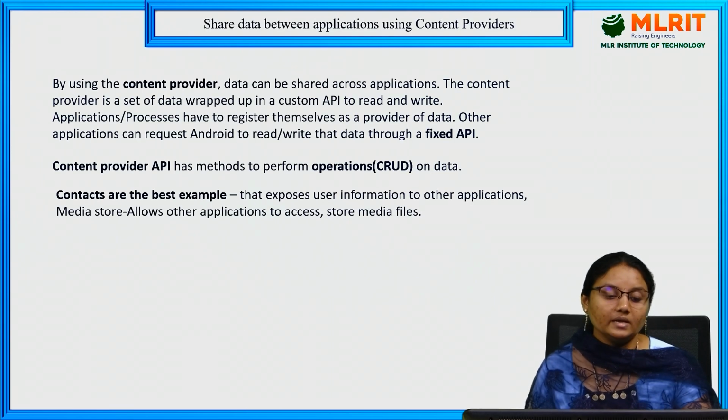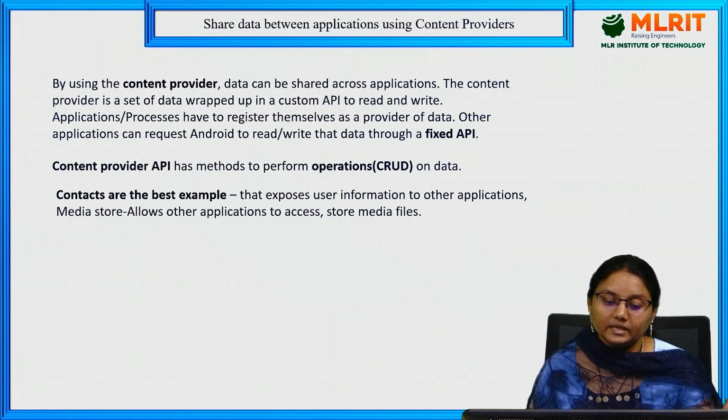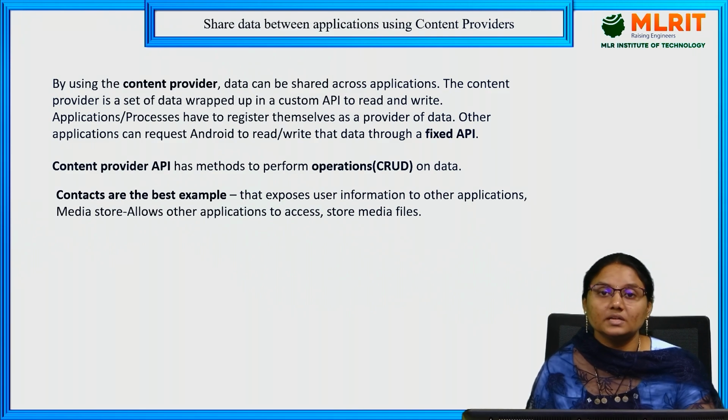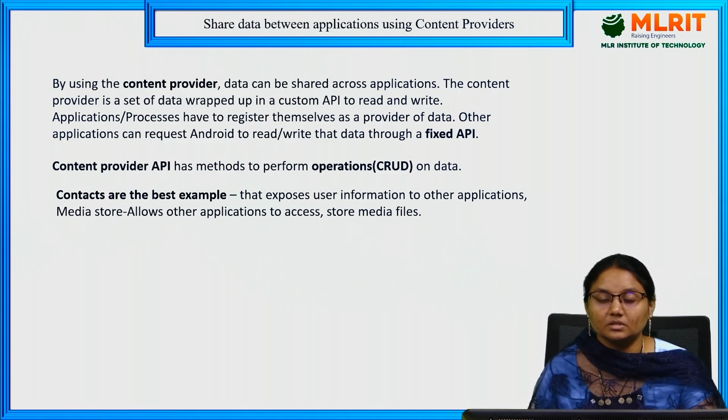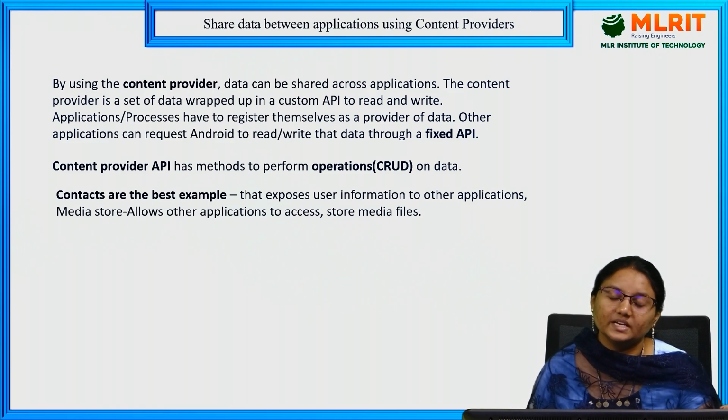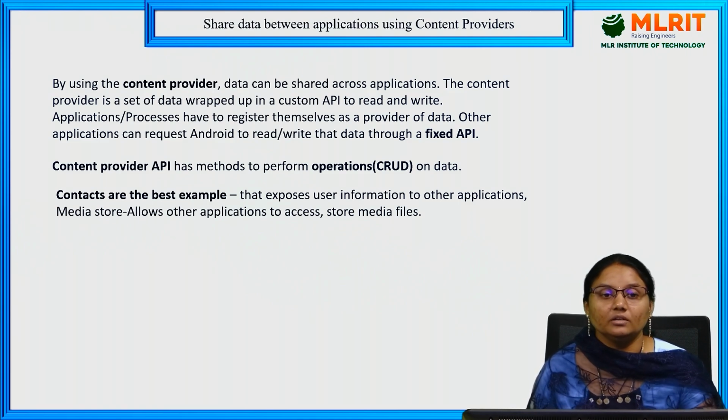Now, by using the content provider, data can be shared across applications. From the start of the session, I've been telling you, between Facebook and WhatsApp, between contacts and Facebook Messenger, the data is being shared. Suppose you want to send a text message, you need a contact.